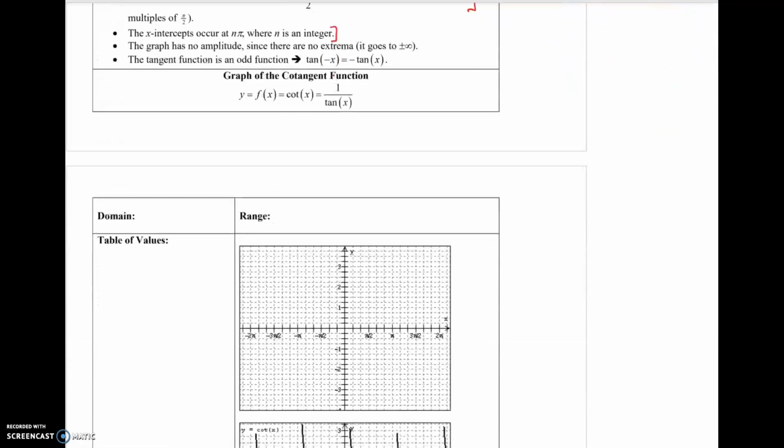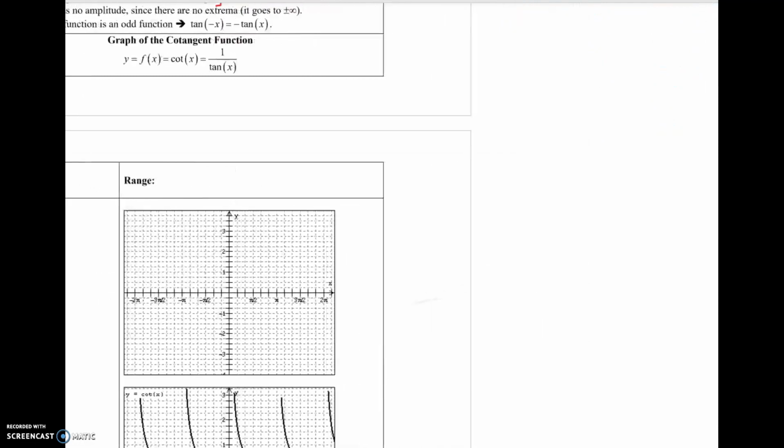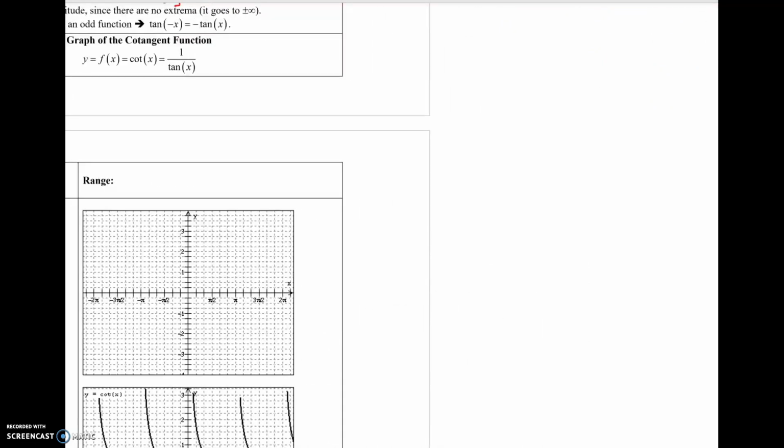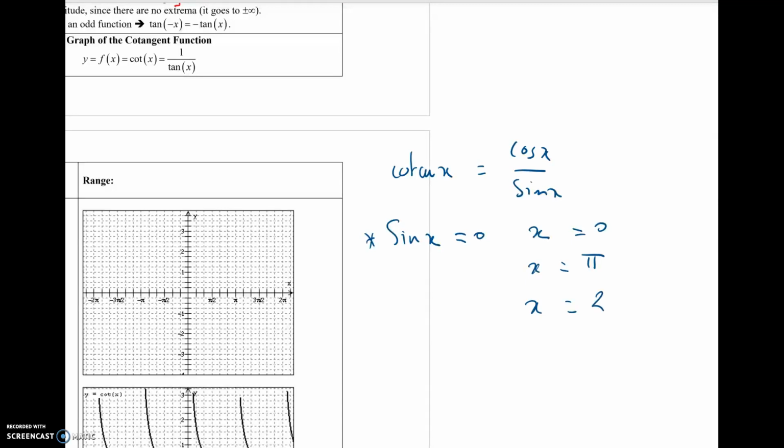All right, so now if I want to graph cotangent, cotangent is going to be exactly the same idea. If I look at cotangent of the angle x, basically it is cosinus x over sinus x. So in that case, the denominator is sinus of the angle x, and my denominator will be equal to 0 if the angle x is equal to 0, pi, or 2 pi.